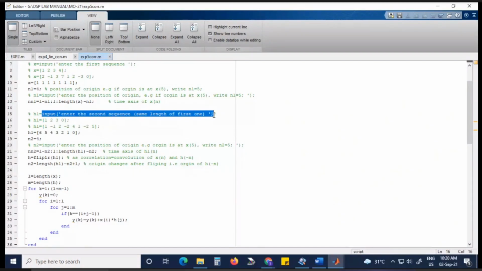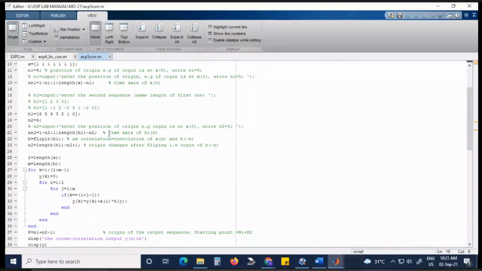I am not running it now; I have just directly given it. You can simulate it. I will share this file. H1 is the sequence I have directly given, and n2 is equal to 4 is the origin. So again I defined the time axis of h1 of n, the second sequence for which the cross correlation will be calculated.